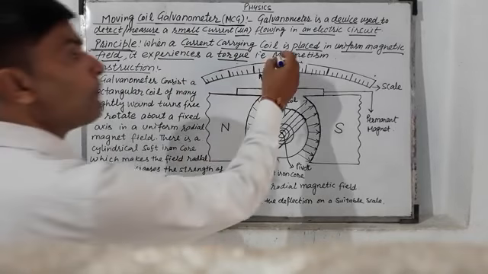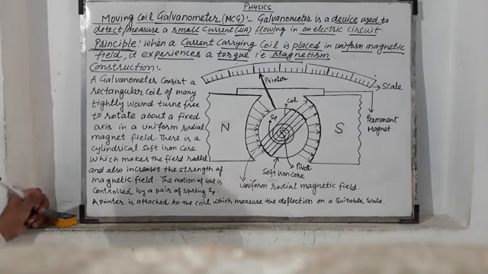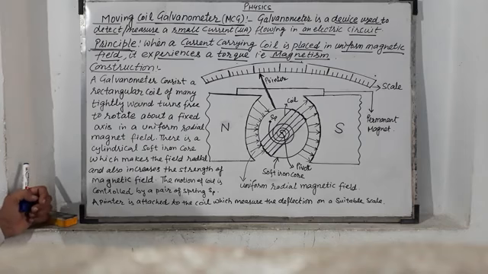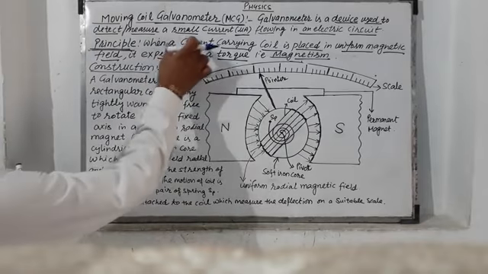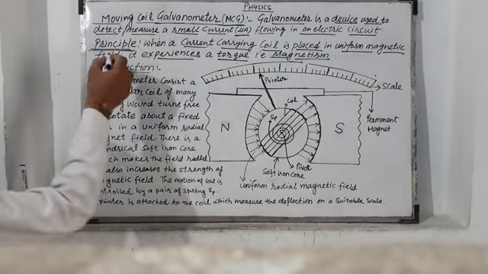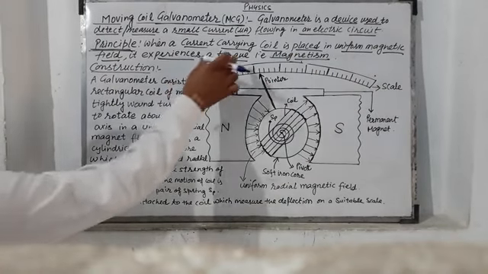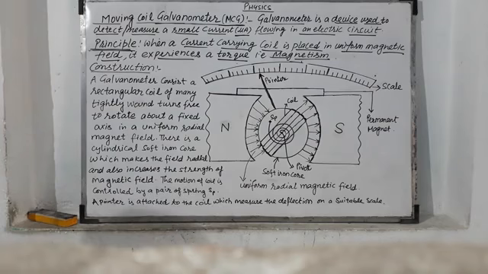This is magnetism: when a current carrying coil or wire is placed in a magnetic field, it experiences a force or torque. The same is here.